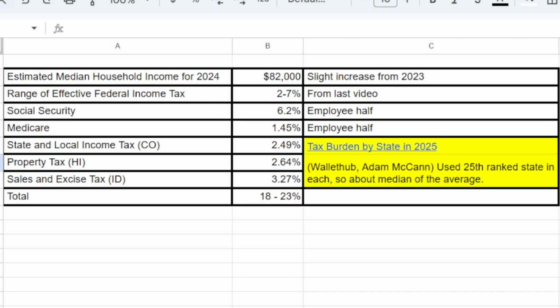But if that $82,000 of income is all wages from employment, then 6.2% is the rate. Medicare is a set 1.45%. And again, that's the employee half, so the total is 2.9% paid by the employee and the employer, and you pay both halves if you're self-employed.